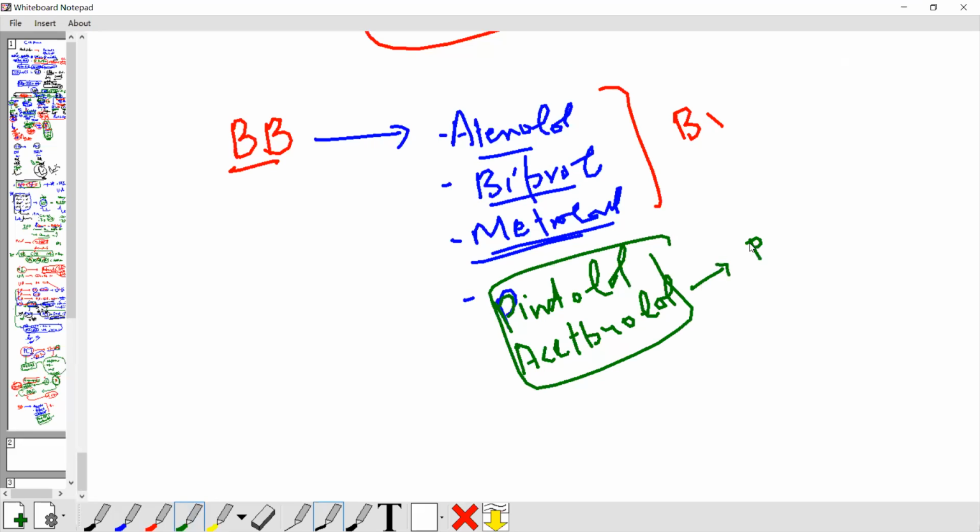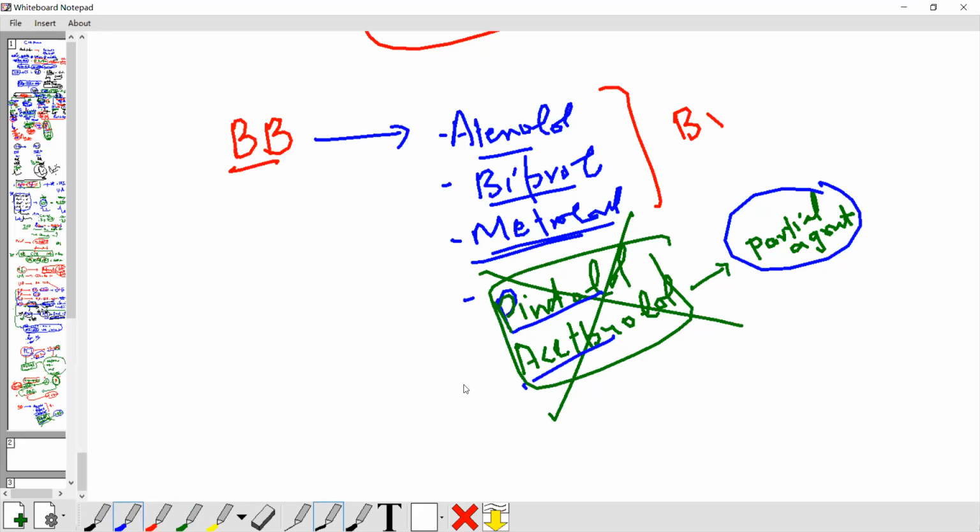These two are not complete blockers. They also have activity like a partial agonist. Never use them in MI and angina. Keep in mind, if you give pindolol and acebutolol to an MI or angina patient, you are going to kill the person.